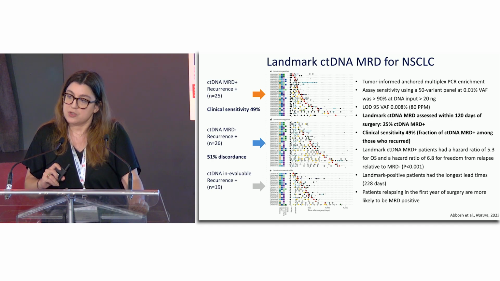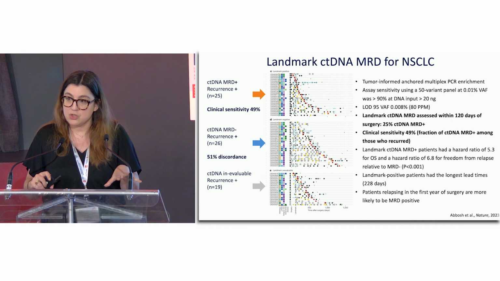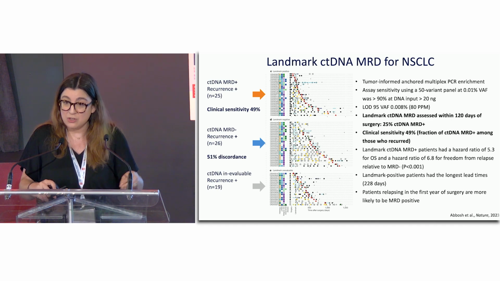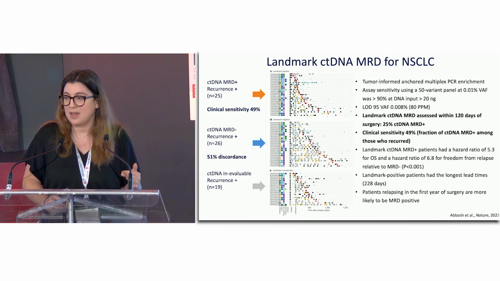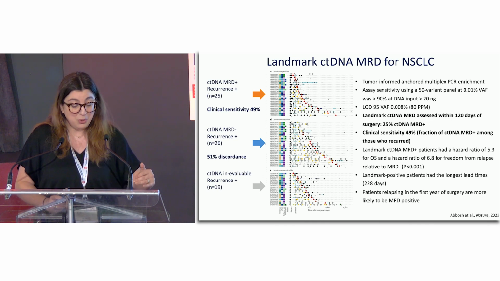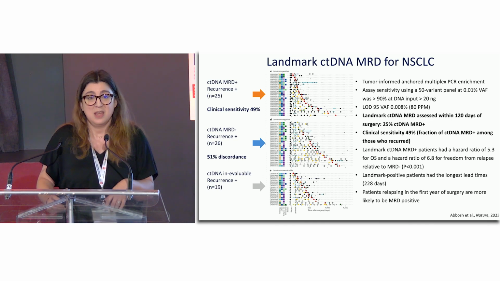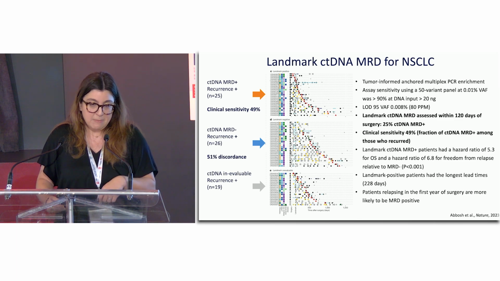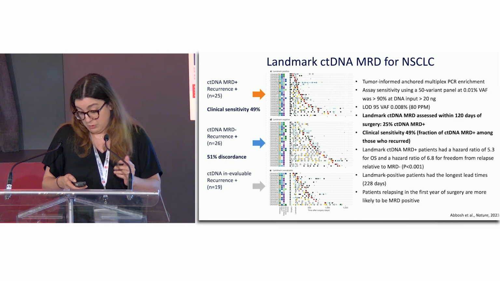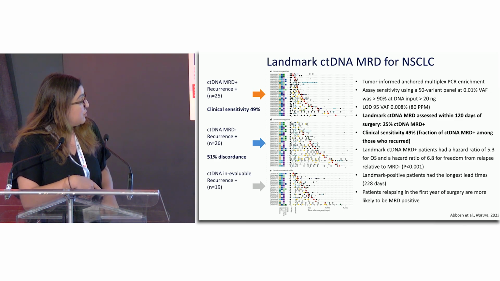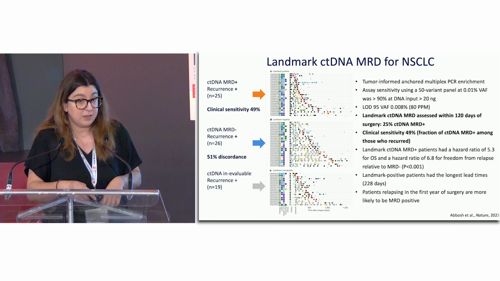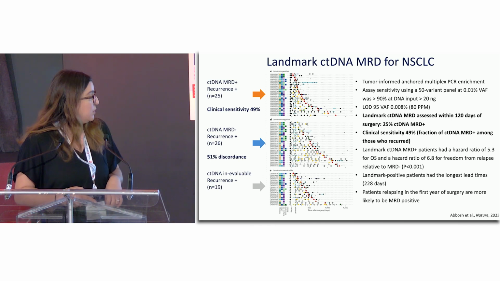However, with the emergence of more sensitive whole exome sequence or even whole genome sequence informed approaches, we are now pushing down the limit of detection to less than 0.01%, even down to 10 parts per million. This is data from the most recent TRACERx study, where what was shown was a clinical sensitivity of ctDNA MRD after definitive therapy of 49%, which is the best that we've seen so far.